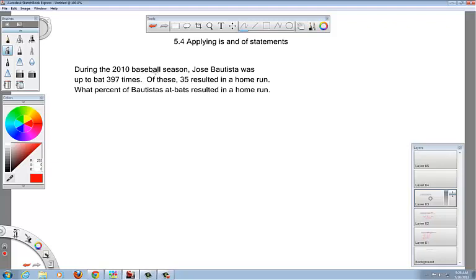During the 2010 baseball season, Jose Bautista was up to bat 397 times. Of these, 35 resulted in a home run. Now, here's our sentence right here. You've got to spot that thing like a ninja. What percent of Bautista's at-bats resulted in a home run?